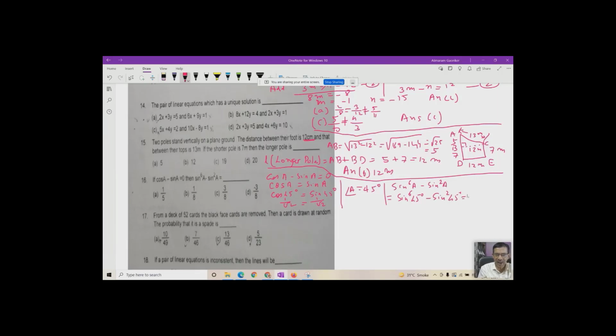And this can be written as 1 upon root 2 the whole raised to 6 minus 1 upon root 2 the whole raised to 2. And here this is 1 upon 8 and this is 1 upon 2. So further I will take LCM as 8, then this will be 1 minus 4. So this is minus 3 upon 8 is the correct answer. So that is answer D.